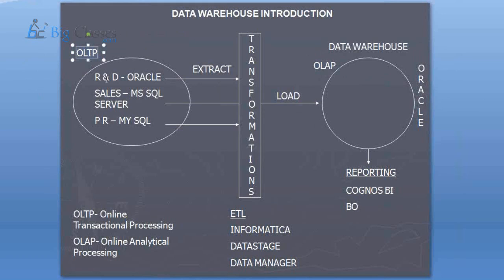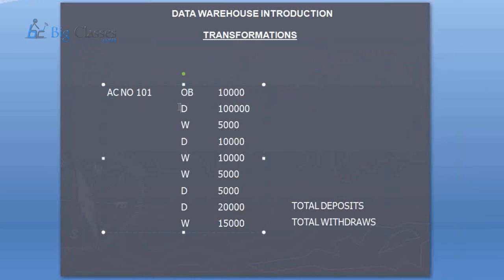Say, for example, if you go to a bank and do any transactions like deposit or withdrawal, online transactions, POS transactions, ATM transactions, whatever it may be, everything will be recorded in the OLTP. In OLAP, we are not maintaining all the records. We are maintaining the consolidated information, which is useful for analysis. In OLTP, all the transactions are recorded, whereas in OLAP, we are maintaining the information useful for our analysis.